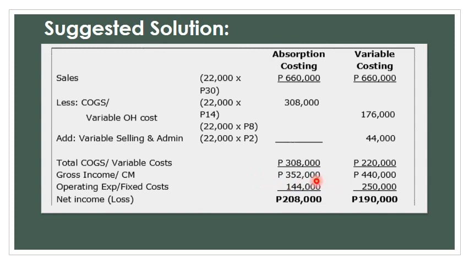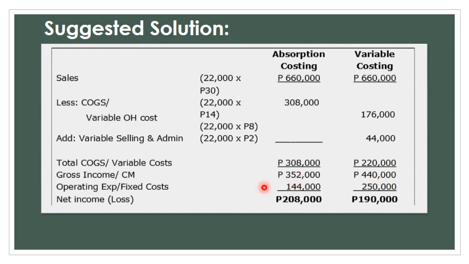Paano po nakuha si 352? 660,000 less the total cost of goods sold na 308,000. And the contribution margin under variable costing is 440,000. Nakuha yan by subtracting 220,000 na total variable cost doon sa total sales or revenue na 660,000.